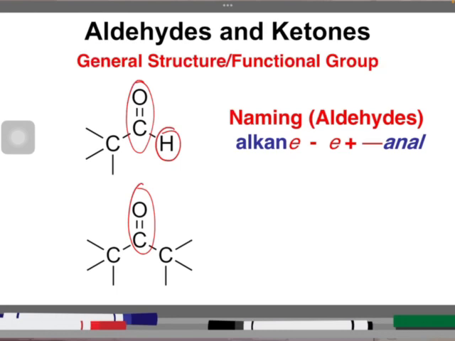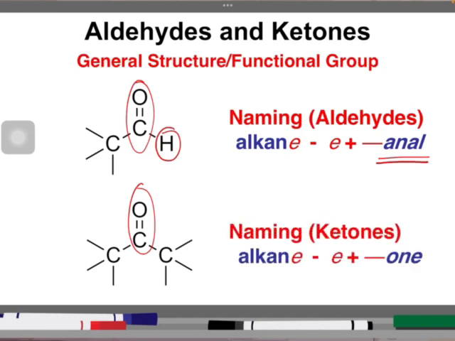How do we name your aldehydes in a very simple way? You have your alkane, you drop the E, and then you add the word anal. On the other hand, when you have your ketones, the characteristic in structure is that you have the carbonyl group, and it is surrounded by 2 carbons. So, it is flanked by 2 carbons.